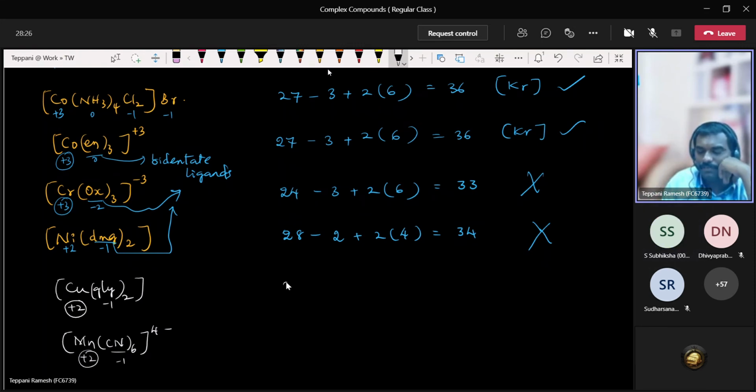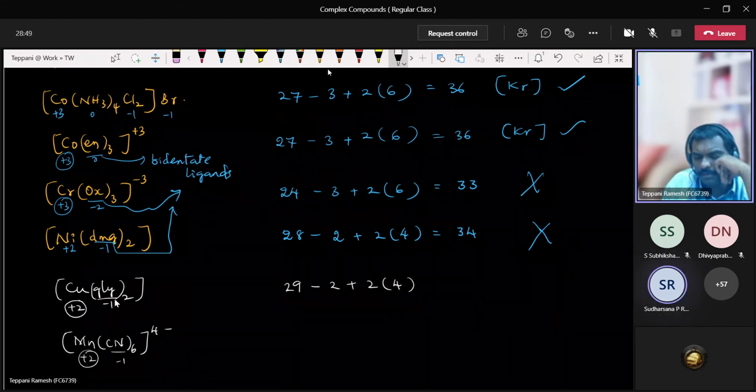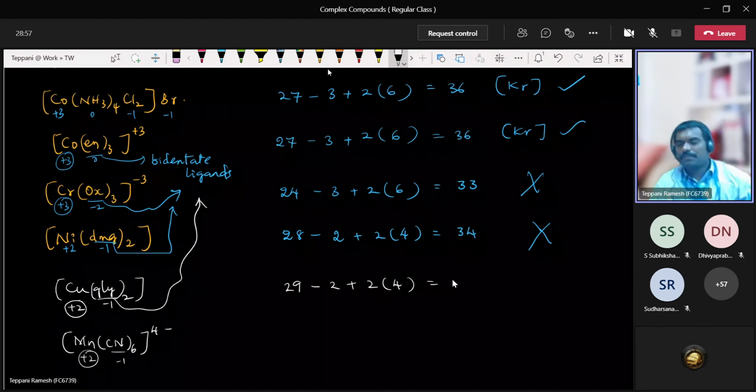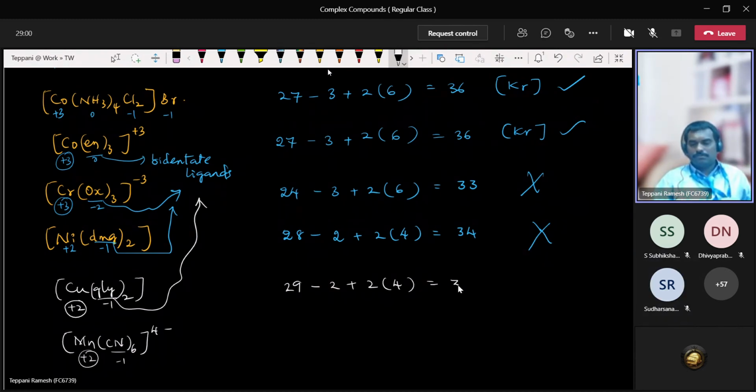Copper 29, correct. -2. +2 into 4, sir. 4, why? Bidentate. Glycinate is also a bidentate ligand. Answer 35, sir. 35. Not followed.